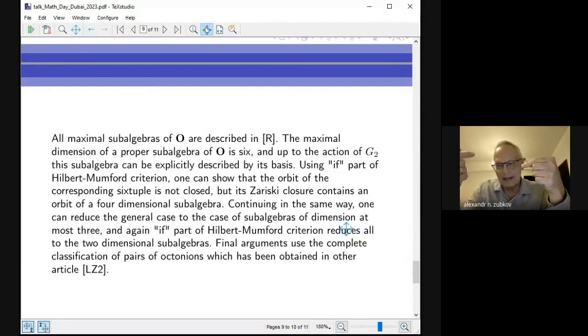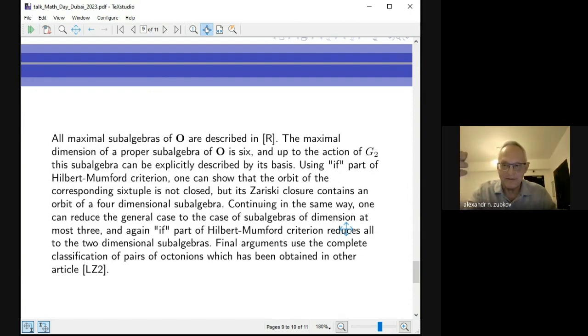But if you have some component whose weight is exactly 0, you can drop the rest of the sums in the weighted decomposition and leave only the component which corresponds to weight 0, and this component belongs to the Zariski closure of your orbit. So using this trick, you can simplify, in some sense, the original n tuple of octonions.